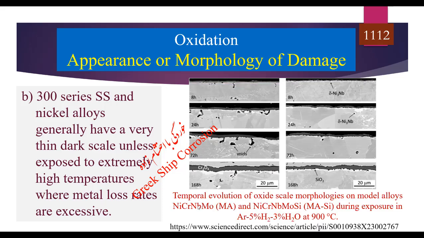This figure shows temporal evolution of oxide scale morphologies on model alloys nickel, chromium, niobium, molybdenum, and nickel, chromium, niobium, molybdenum, silicon during exposure in air, 5% H2, 3% H2O at 900 degrees Celsius. Exposure time is 8 hours, 24 hours, 72 hours, and 168 hours.